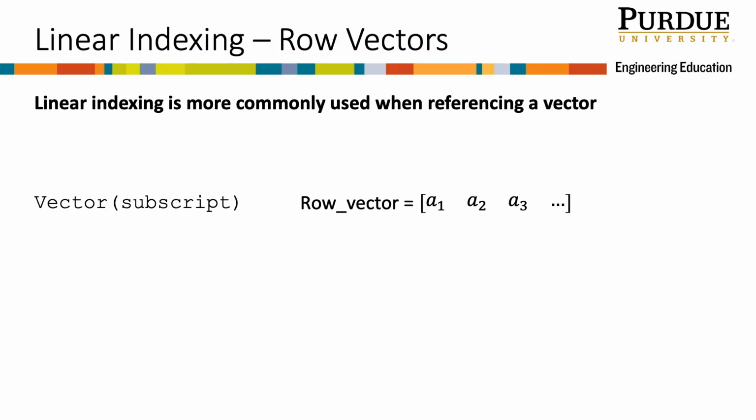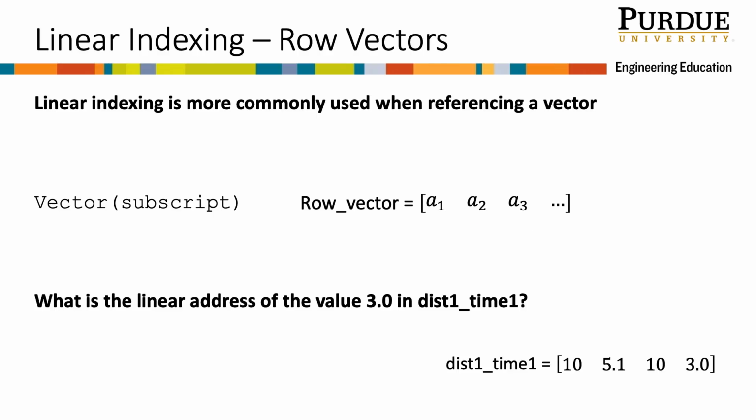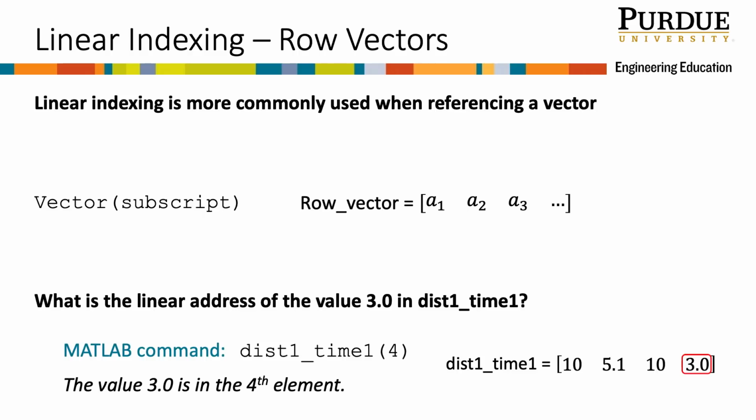It works the same when the vector is a row vector. The indices just count from left to right because there's only one value in each column. So, what is the linear address of the value 3.0 in dist1_time1? The value 3.0 in the dist1_time1 vector is the fourth element, so the MATLAB command is dist1_time1(4).